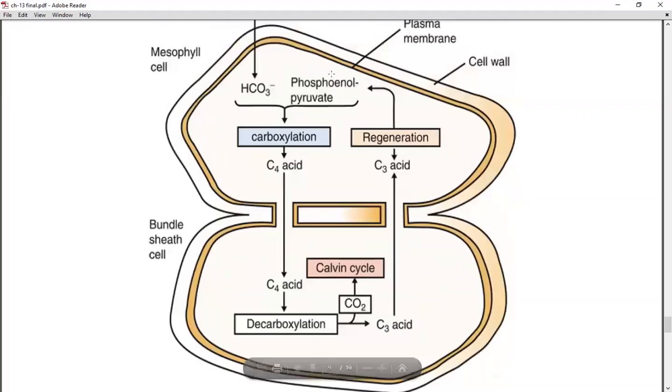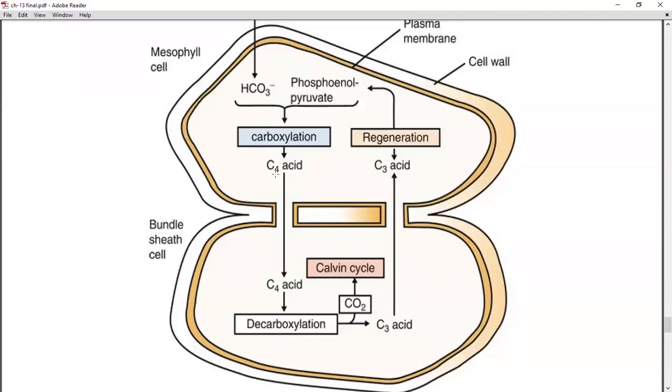Starting with the first, the phosphoenol pyruvate, this PEP, in the presence of PEP carboxylase enzyme, fixes the carbon dioxide, and it gets converted. This phosphoenol pyruvate is already a 3-carbon compound, but when another 1 carbon is added, it gets converted to a 4-carbon compound, that is oxaloacetic acid. So that is C4 acid.